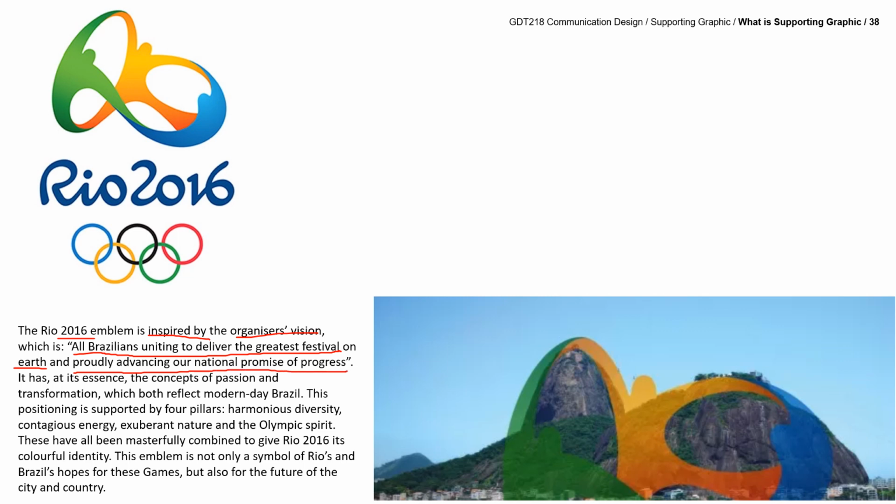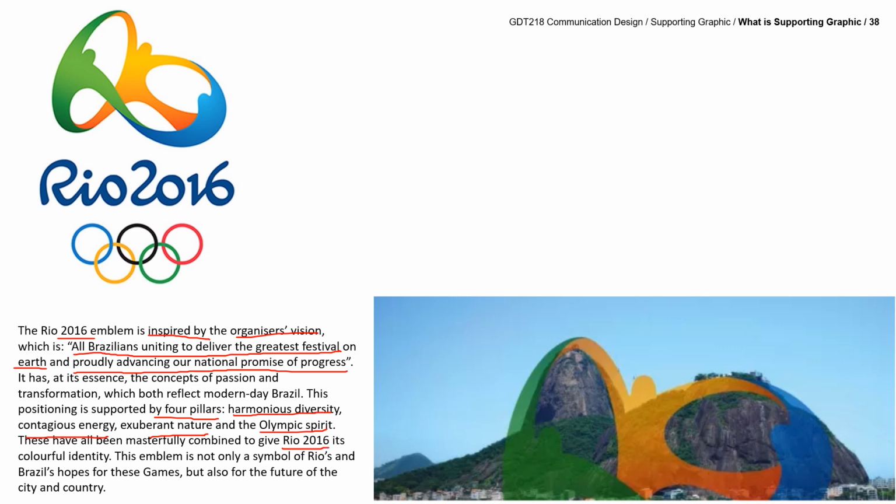So it has at its essence the concept of passion and transformation, which both reflect modern-day Brazil. This positioning is supported by four pillars: harmonious diversity, contagious energy, exuberant nature, and Olympic spirit. And these have all been masterfully combined to give Rio 2016 its colorful identity.